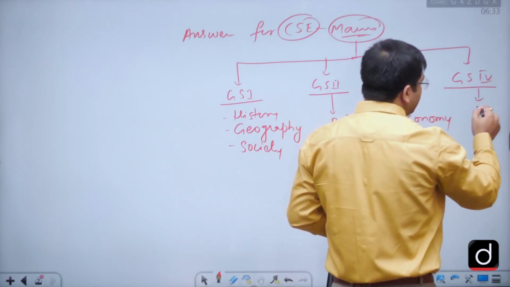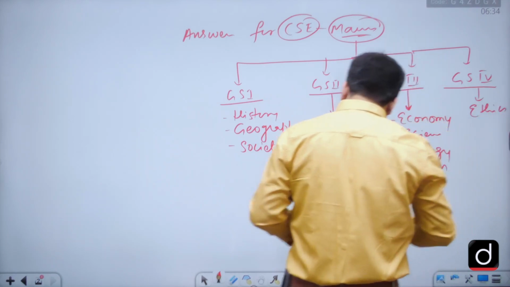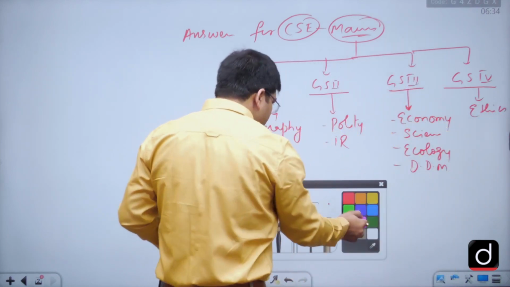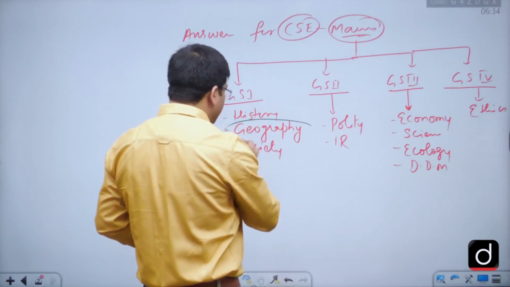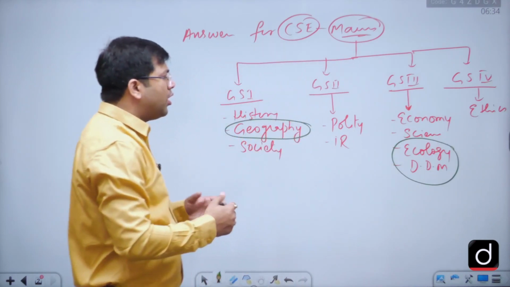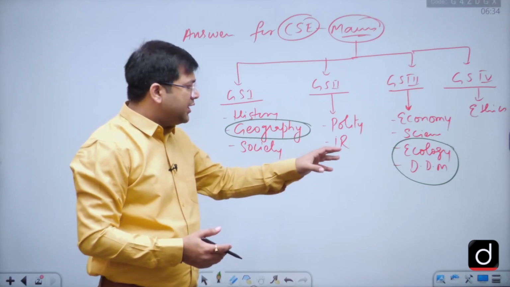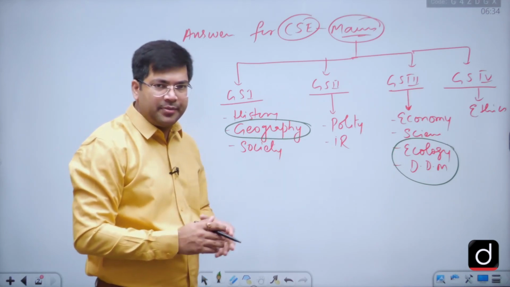GS paper 4 comprises ethics. In today's class, we will be talking about geography, ecology, environment and disaster management, and how to approach the answers from these topics: geography, ecology, disaster and disaster management.